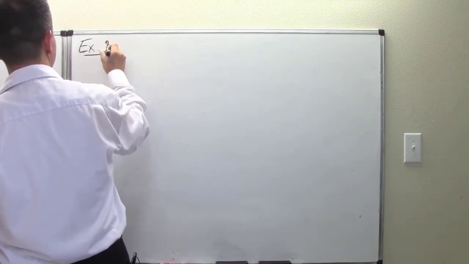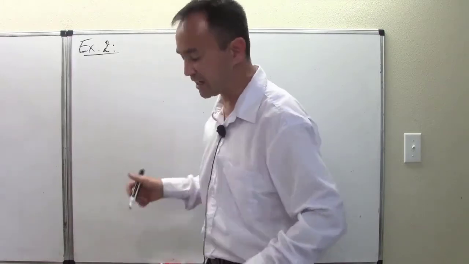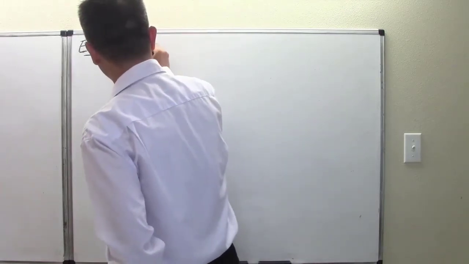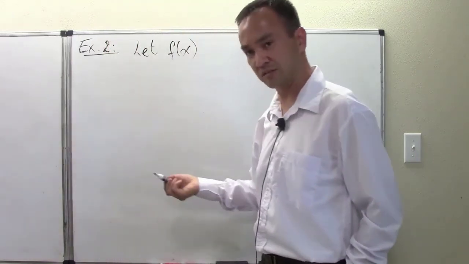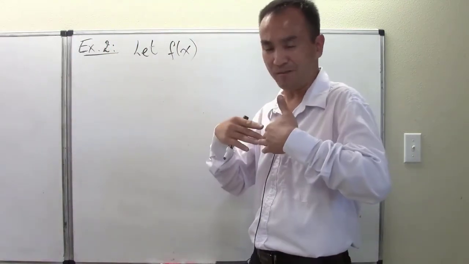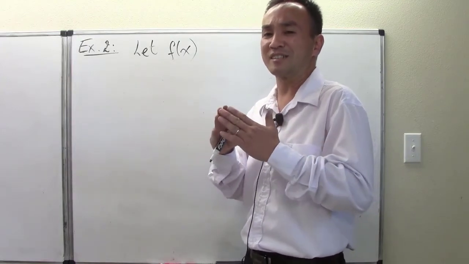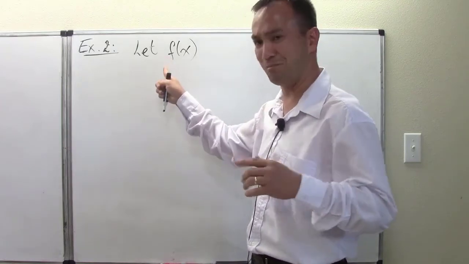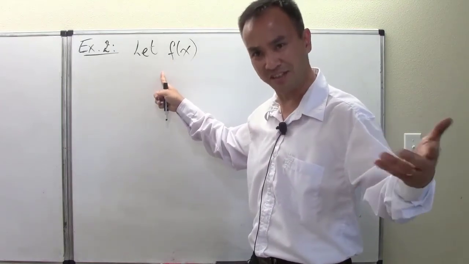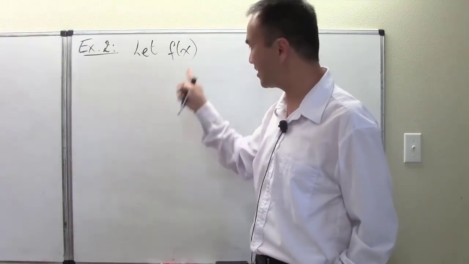Let me spend some time writing down the wording description of the example. Let f of x. Now we define our function. Like any other professor, I can't escape the tradition of using f of x as the function name, but you can use a different name.